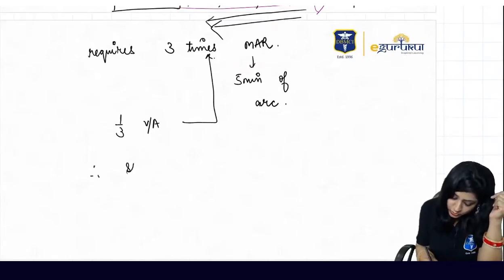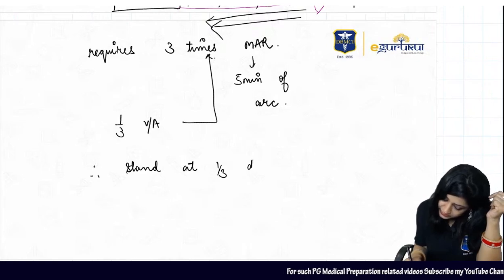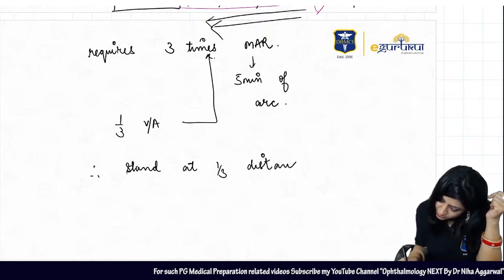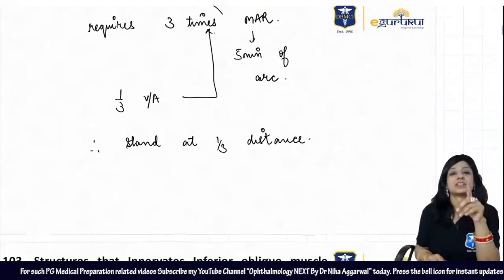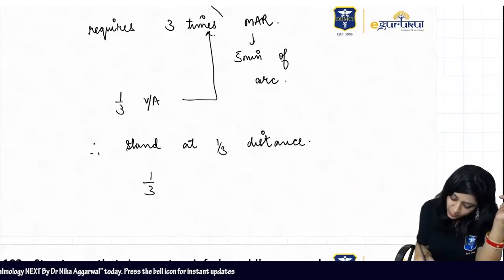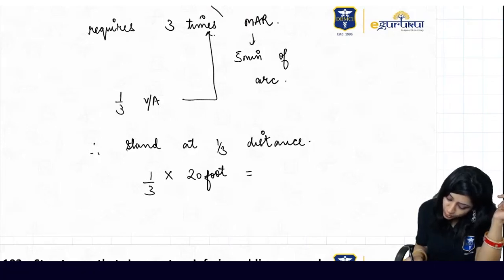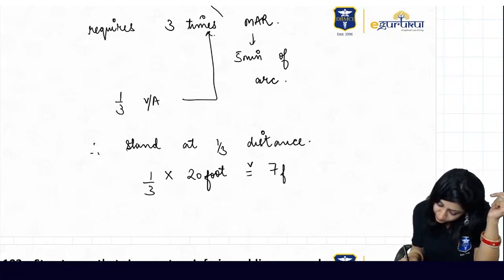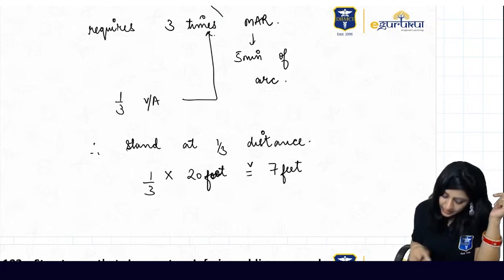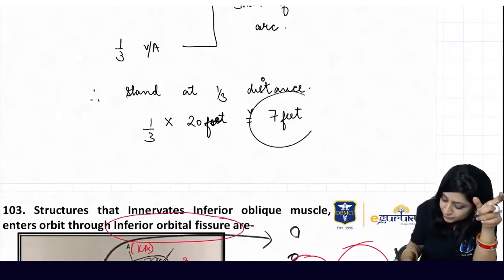Therefore, she should stand at 1/3 of the distance so that the angle becomes 3 times. So 1/3 of the 20 feet is approximately 7 feet. Approximately, 1/3 of 20 feet is 7 feet.